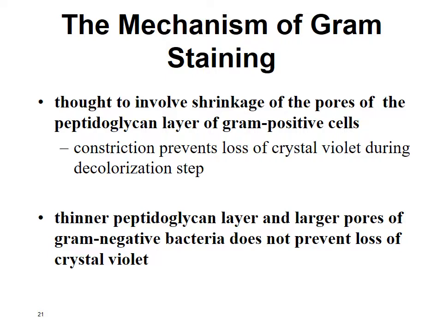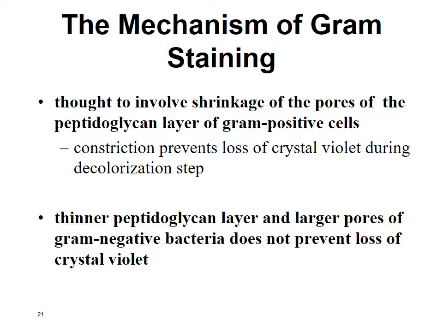In contrast, remember gram-negative peptidoglycan is very thin, it's not as highly cross-linked, and it has larger pores. So the alcohol treatment may extract enough lipid from the gram-negative outer membrane to further increase its porosity.